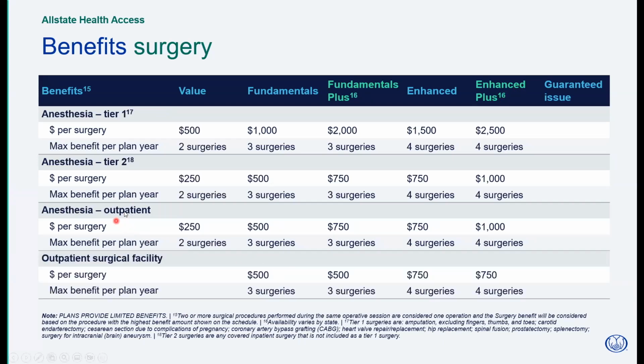Now let's go ahead and take a look at the anesthesia and the outpatient surgical facility. And I think someone might have mentioned this as a question, so hopefully this will answer that. So when it comes to the anesthesia, the same tiers apply as with the surgeon, as well as with the assistant surgeon.